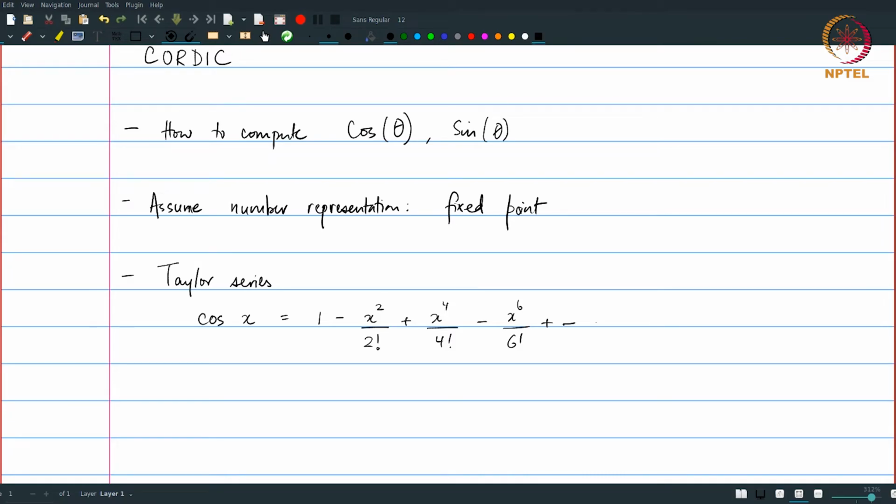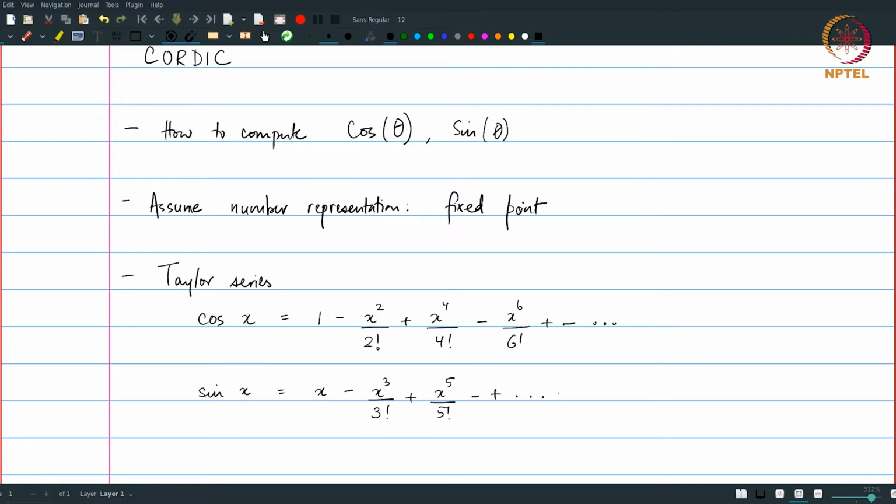We already know what this expansion corresponds to. Similarly, we have sine of x equal to x minus x cubed by 3 factorial plus x power 5 by 5 factorial minus plus and so on.